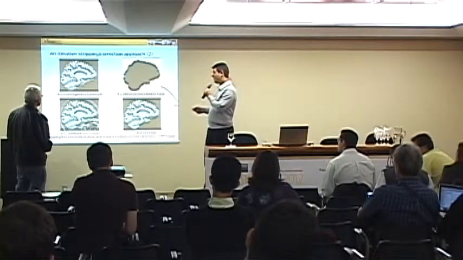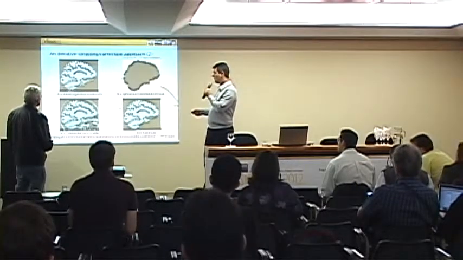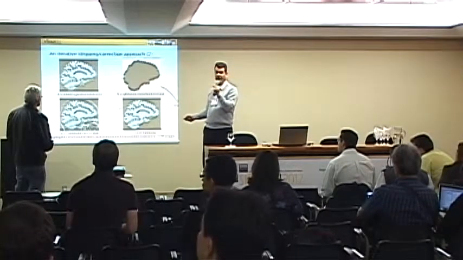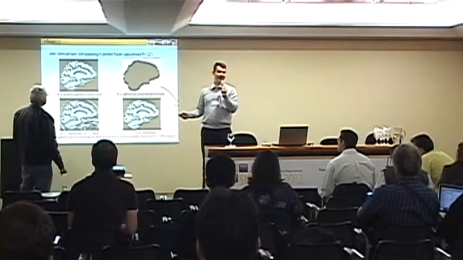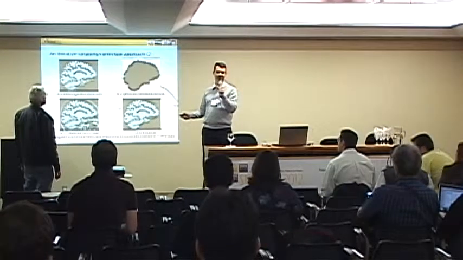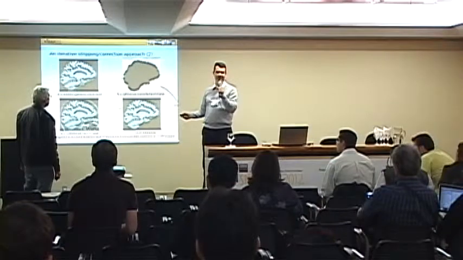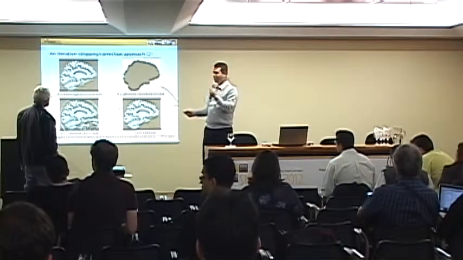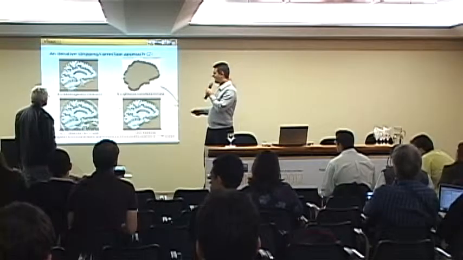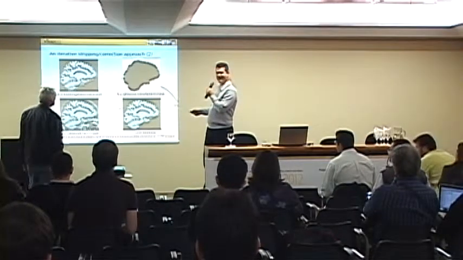The only problem we have here is that if you don't recompose the image, you have strong boundaries here. The methods may take these strong boundaries as being the brain. That's the problem. Sometimes it happens. We don't want to have a gap here.